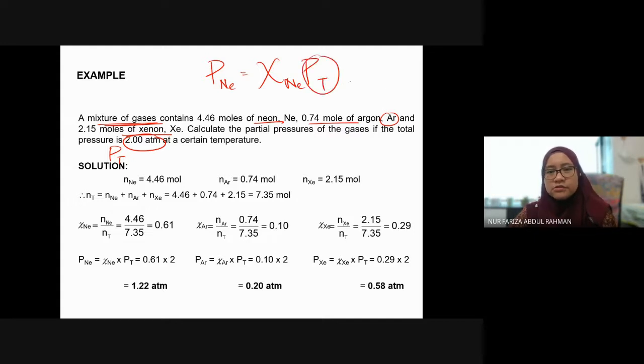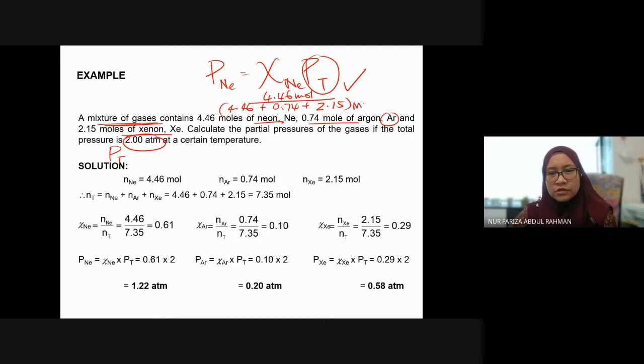So P total is no problem. We have that already. Mole fraction, to get mole fraction pun tak susah mana sebab the value is already in mole. So 4.46 mole. Okay. So you kena tambah 4.46 plus 0.74 plus what else? 2.15.